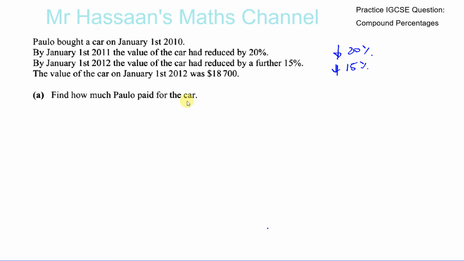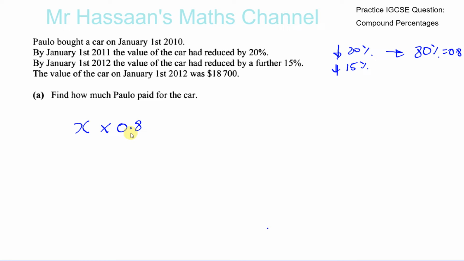One of the ways we can do this is to say, if it's reduced by 20%, that means it's now 80% of what it was in the beginning. So if it was X at the beginning, which we don't know, and you multiply that by 0.8, which is 80% as a decimal, that will tell you its value by the 1st of January 2011.